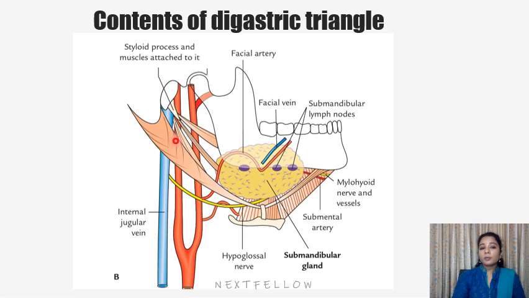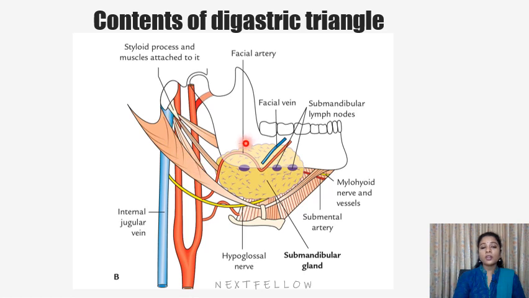Next, the posterior part of the digastric triangle, superficial to the lower part of the parotid. The structures are external carotid artery, which we can see giving rise to the branches, and deeper structures are the styloid process and structures attached to it, like styloglossus muscle, which goes to the tongue, and stylohyoid, which is towards the hyoid bone.